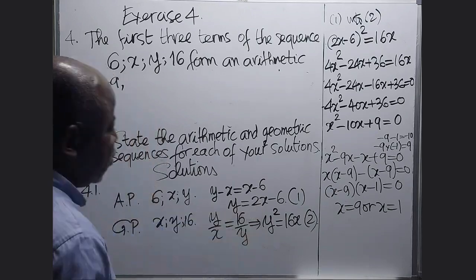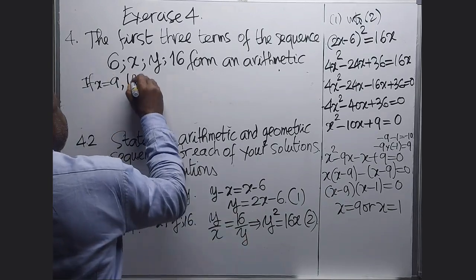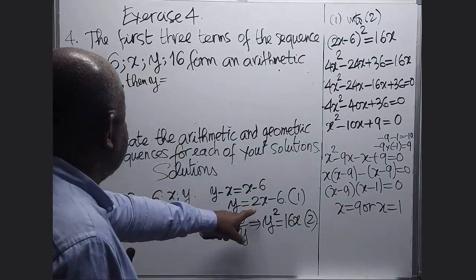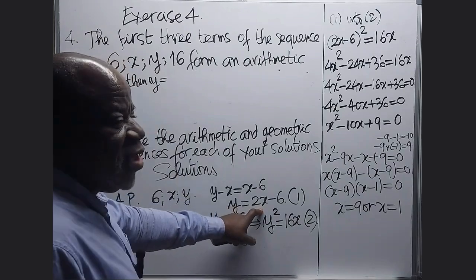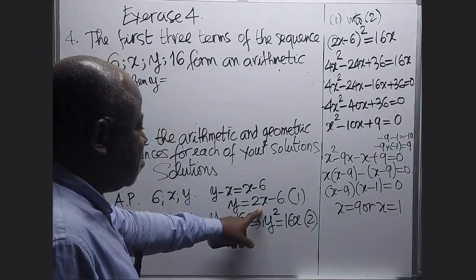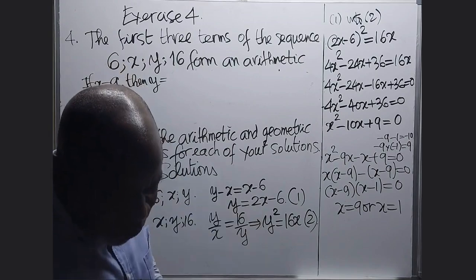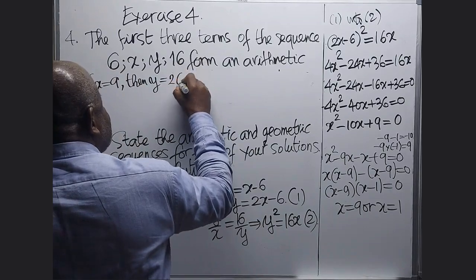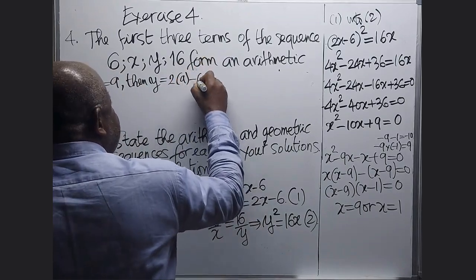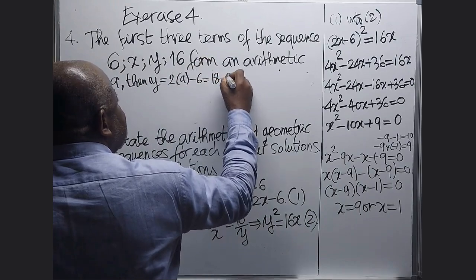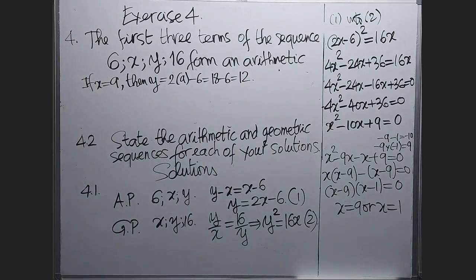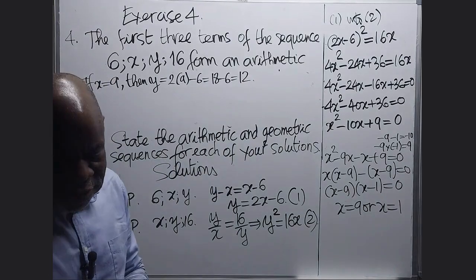Y is equal to 2 times 9 minus 6, which is 18 minus 6, so we get 12. If x is equal to 9, y is equal to 12.